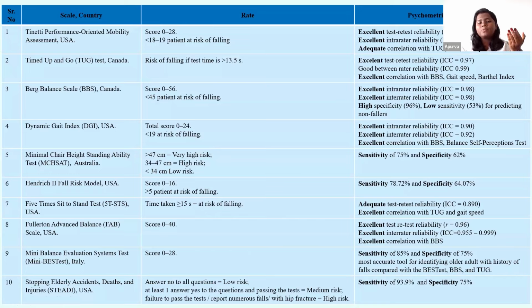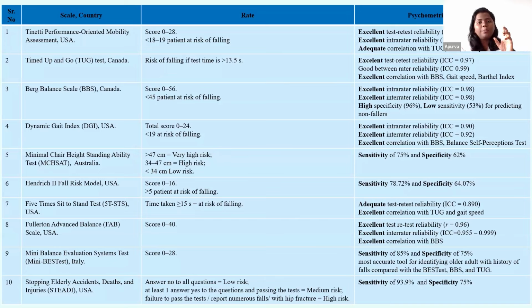You have the five times sit to stand test, which has adequate retest reliability and also correlates well with your TUG and gait speed. You also have your FAB scale, which has excellent retest reliability and excellent correlation with your BBS. You have your Mini BESTest, which remains one of the most accurate tools for identifying older adults with a history of fall.